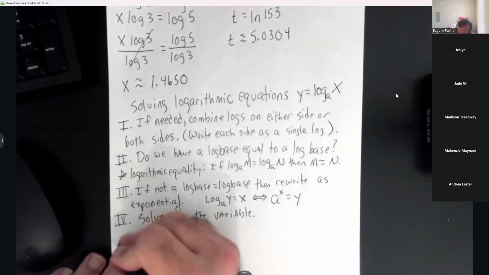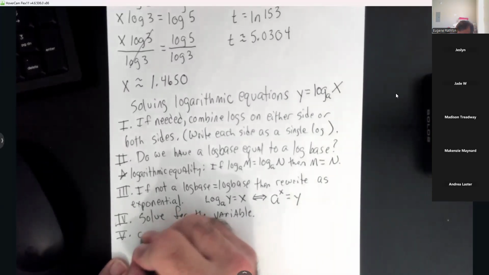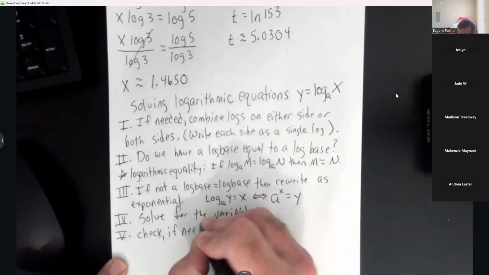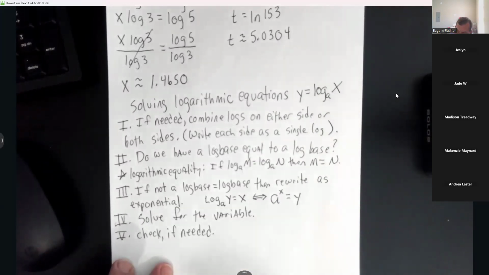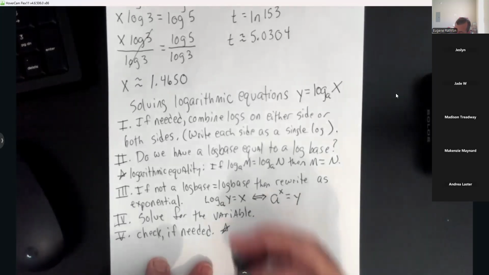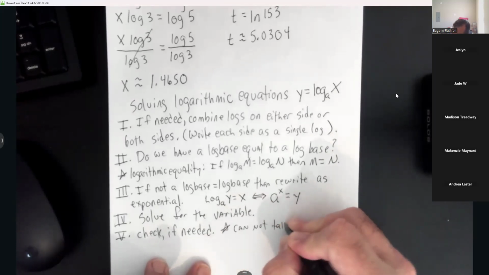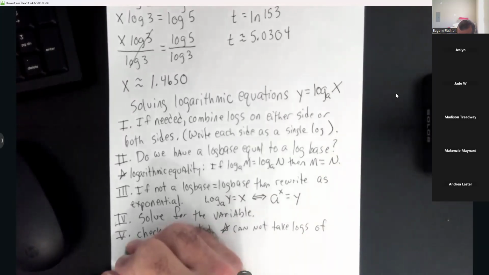And y'all, it is very important on the logarithmic equations, you gotta check if needed. And the main thing I'm checking for that we learned last week is that I cannot take logs of a negative number.